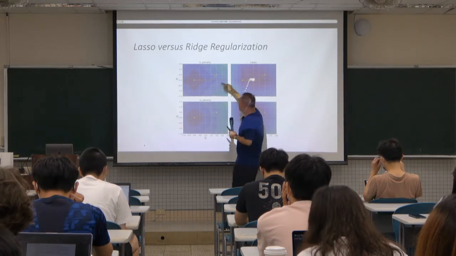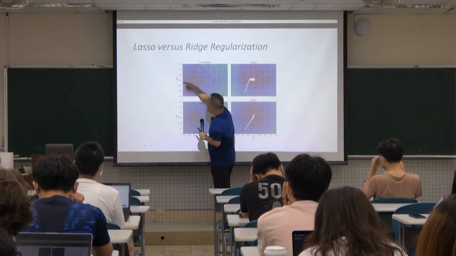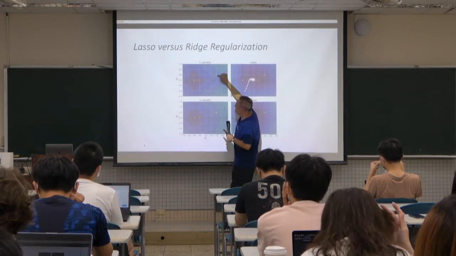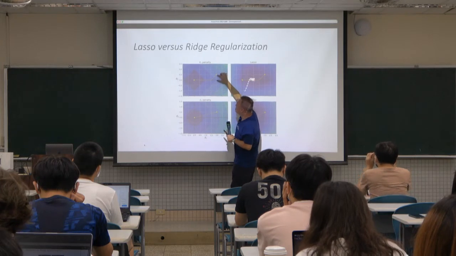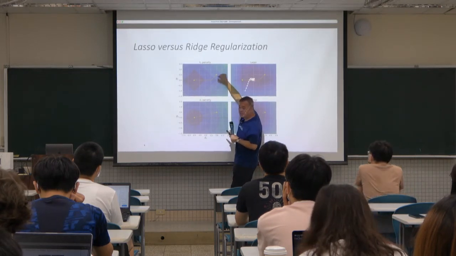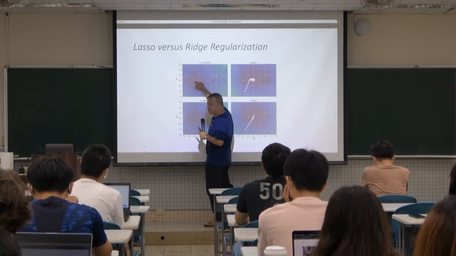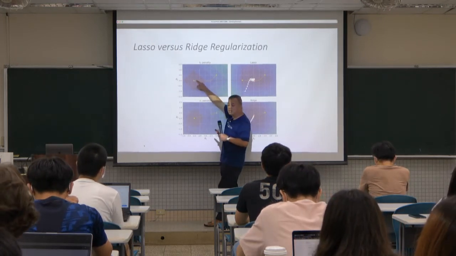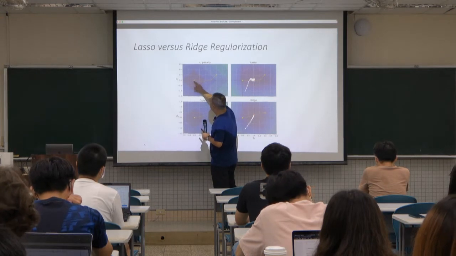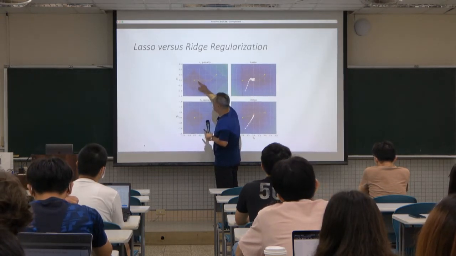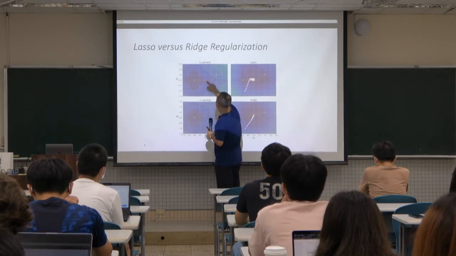When the starting location is here, the theta 2 value is smaller than the theta 1 value, right? Because this represents the origin. If you assume each of these is 1 unit, then 1, 2, 3, 4.